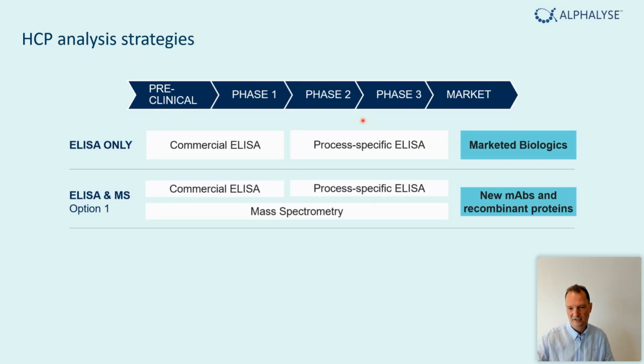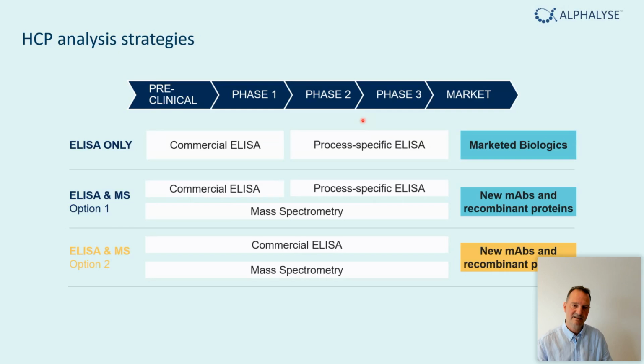The third approach is actually using mass spectrometry to characterize your ELISA reagent also, and thereby you can show that a commercial ELISA kit and reagents might be completely fit for your process and product. And many companies are now using this approach for also marketed products.